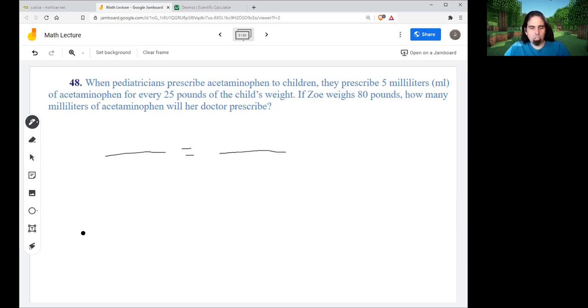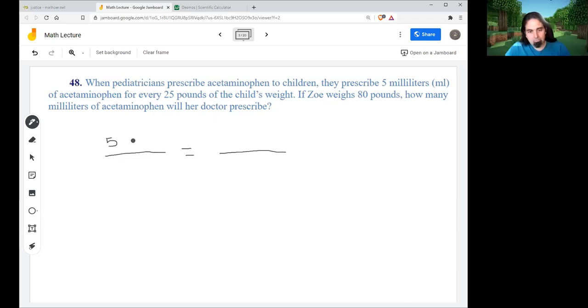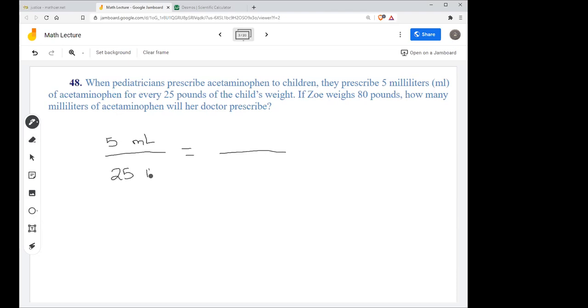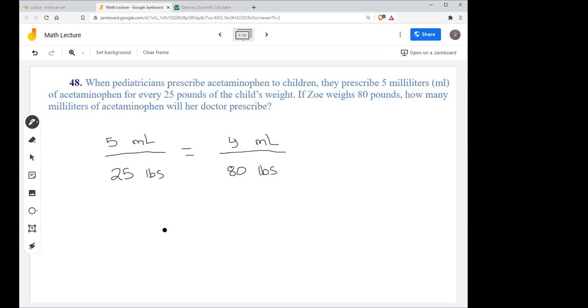The first situation has what things to write down? 5 milliliters over 25 pounds. And the second situation has 80 pounds. And I don't know how many mils. Everyone okay with my setup? Yes.